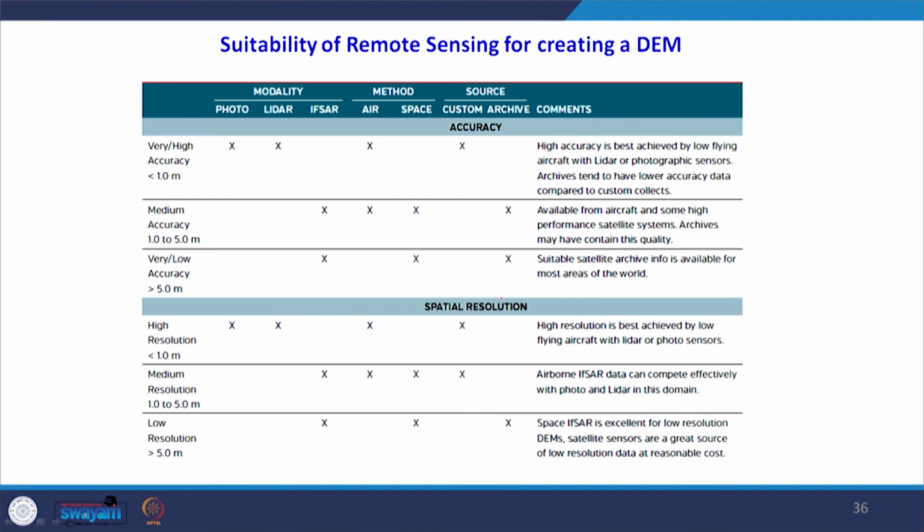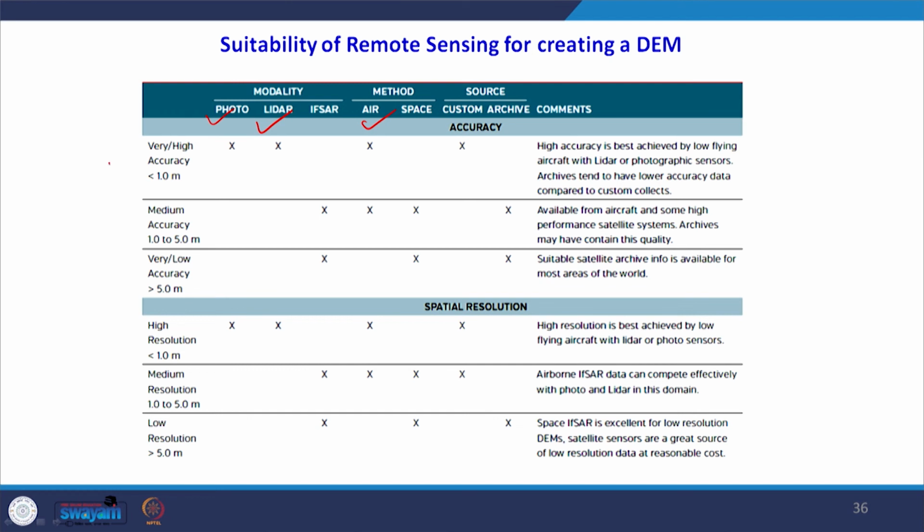So when we see that remote sensing data, various data products are used for creating the DEM. So let us see what is the suitability of these remote sensing data when we are creating a DEM. So we have photographic data, LiDAR data, we have the aerial photograph, different sources, but for different applications we require different accuracy.